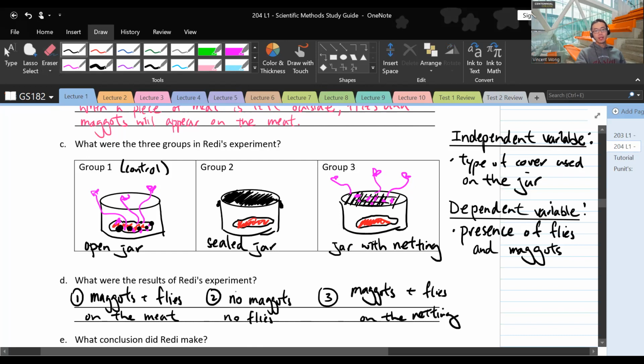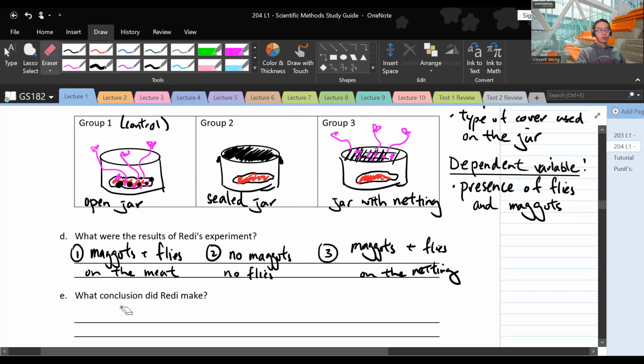Okay. So based on this, what conclusion can we make? Well, meat does not produce maggots and flies, right?